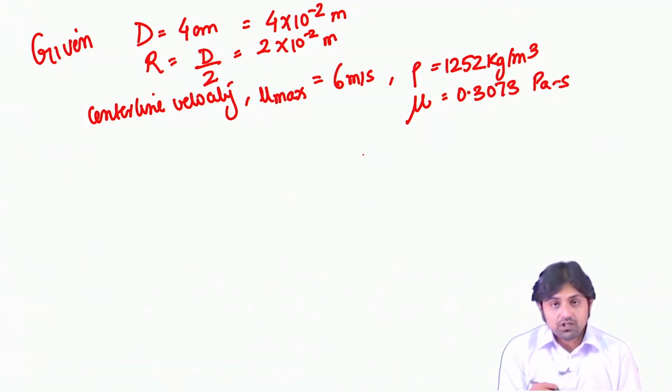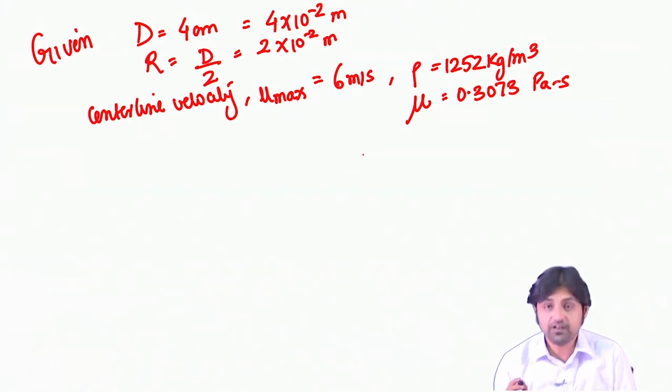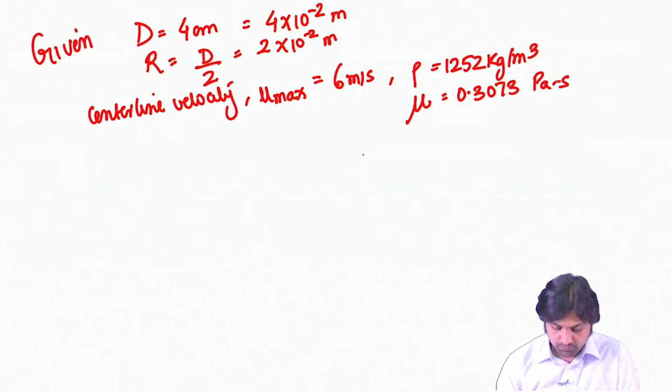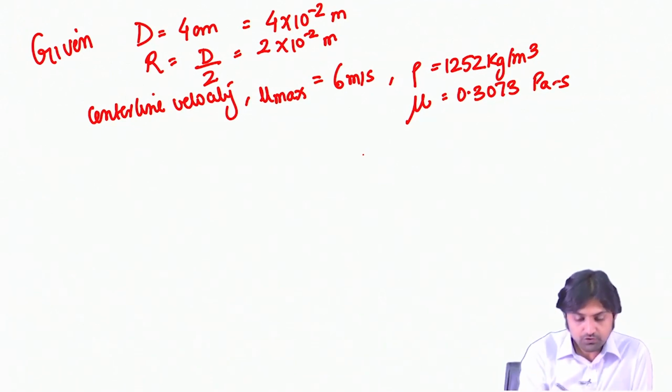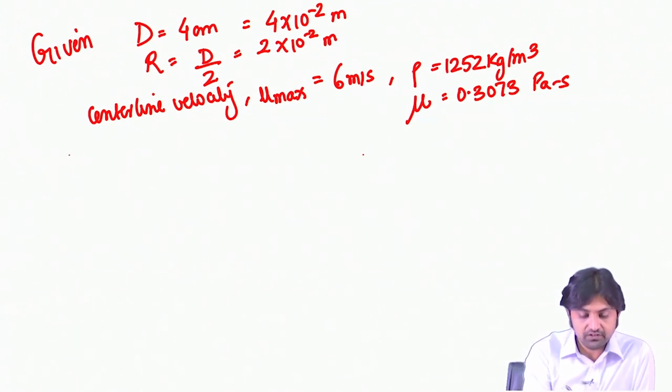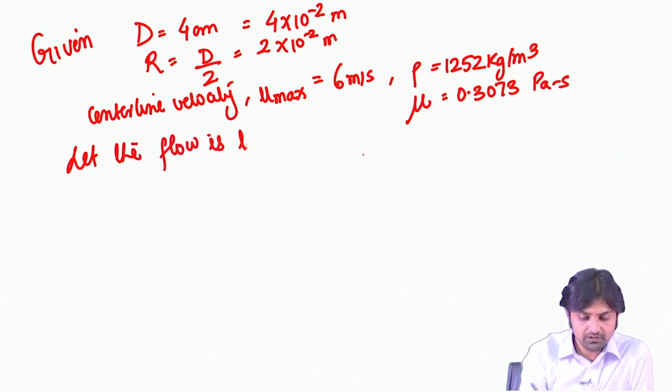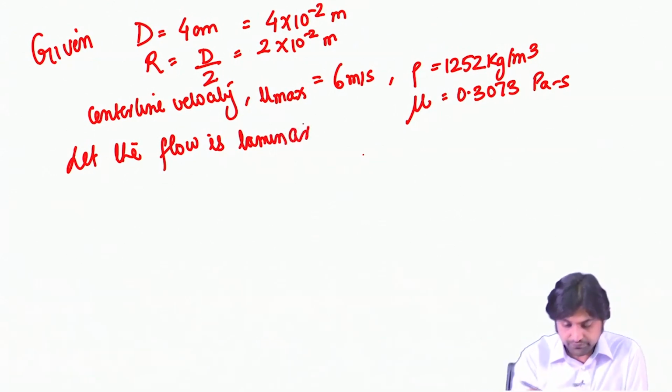So what was the first thing that we did? We wrote down everything that is given, okay. This is a very good practice. So this is for an assumption that the flow is laminar. So we say let the flow be laminar, okay.